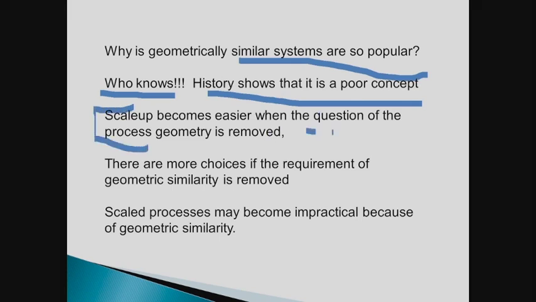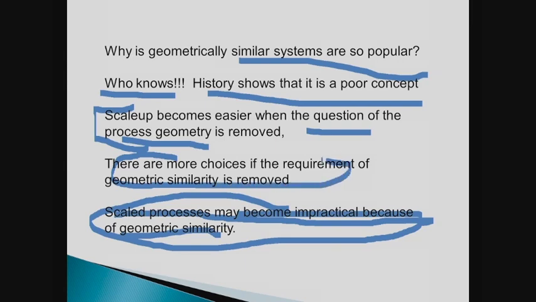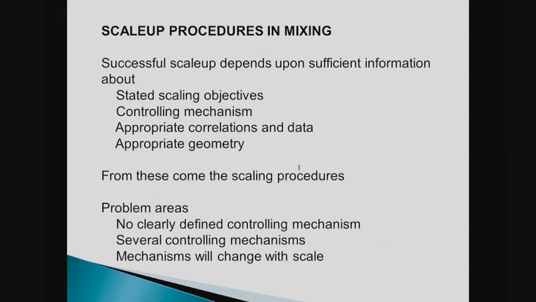If you keep the geometry the same, then the process geometry is something that you have to worry about has been removed. Scaled processes may become impractical because of geometric similarity. This is true. More choices are available if the geometric similarity requirement is removed. Anyway.